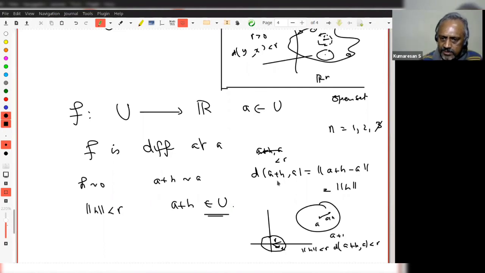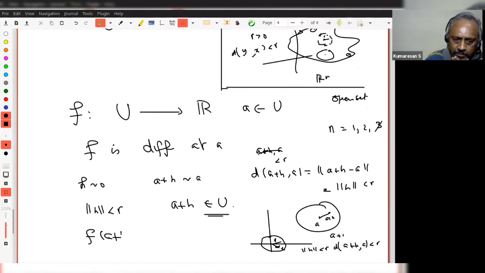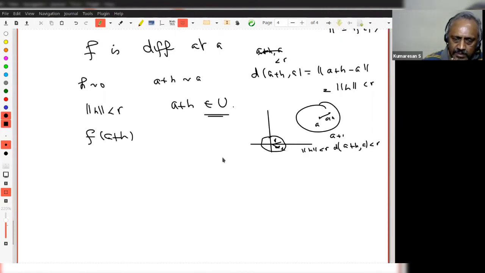Why? Because the distance between a plus h and a is the length of a plus h minus a, which is the length of h, which is less than r. You understand this? Why do I have to make sure of this? Because f of a plus h will make sense now. Because U is the domain of f, a plus h lies in the domain.